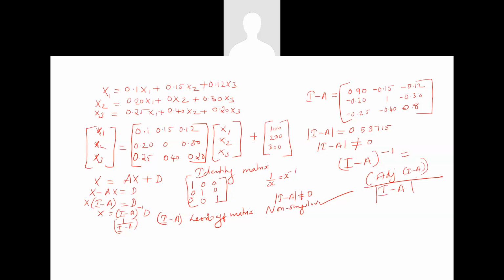Again, you have learnt all that earlier. The determinant of I minus A has already been calculated. Next, we have to find the adjoint of I minus A.